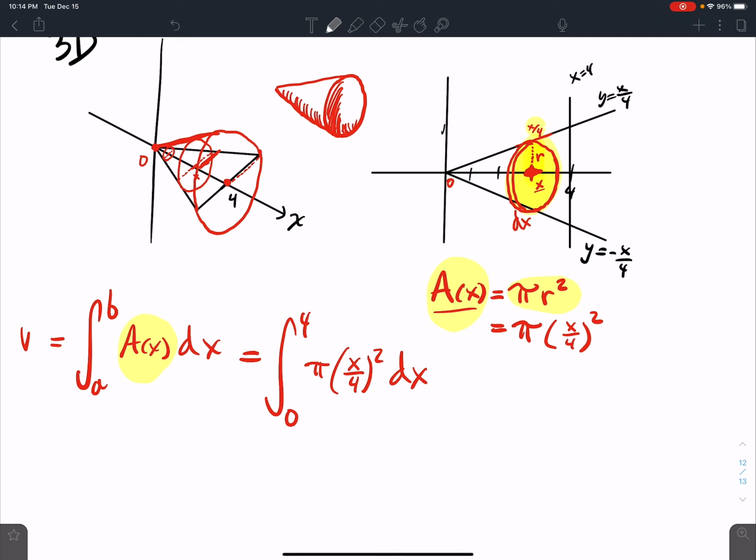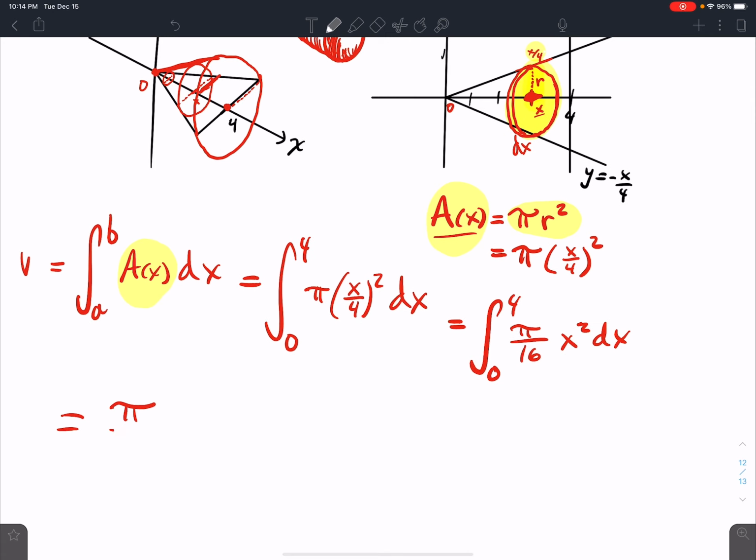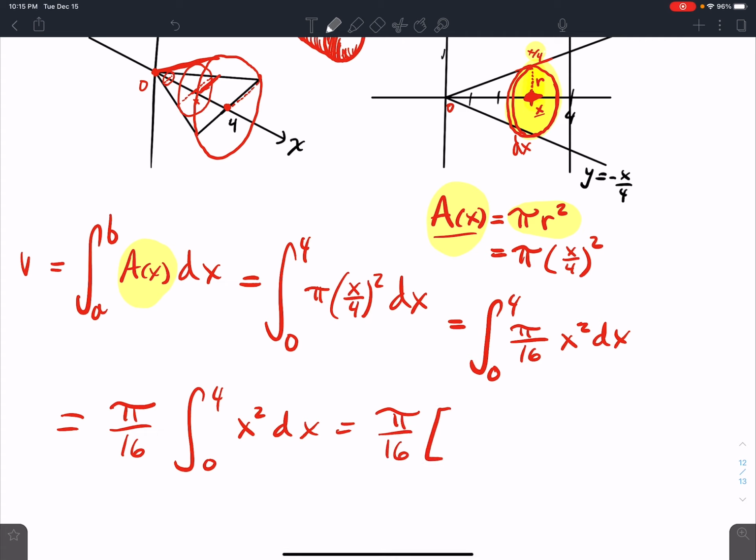Okay, perpendicular. Okay, so simplify here. Integral from 0 to 4, pi over 16 x squared dx. I'm going to pull the constant out, pi over 16. Integral 0 to 4 x squared dx. So pi over 16. And then x cubed over 3 from 0 to 4.